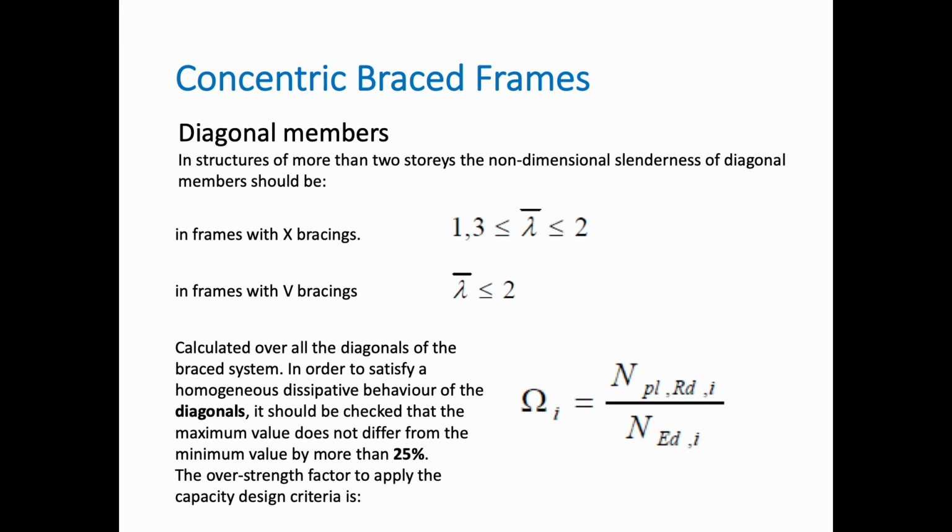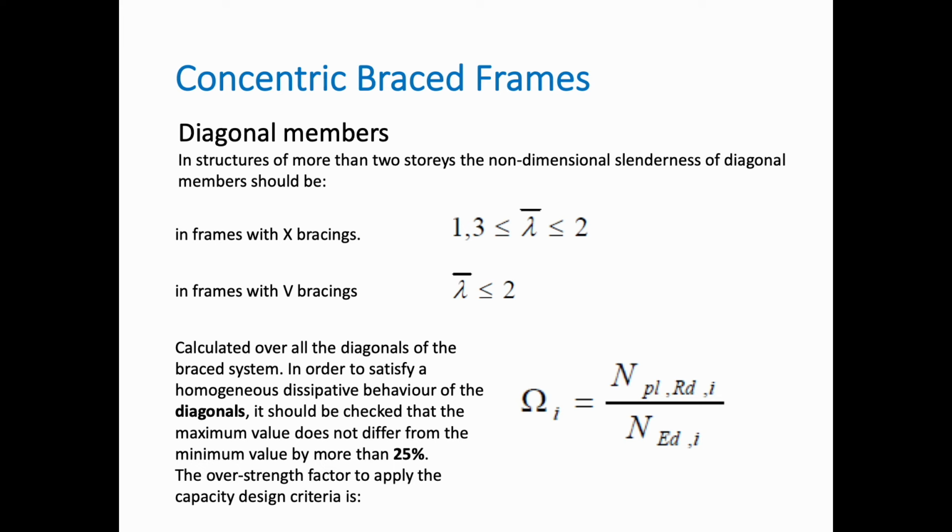Looking at the diagonal members in structures of more than 2 stories, the non-dimensional slenderness of diagonal members in frames with X braces should be between 1.3 and 2. In frames with V bracings it should be smaller or equal to 2.